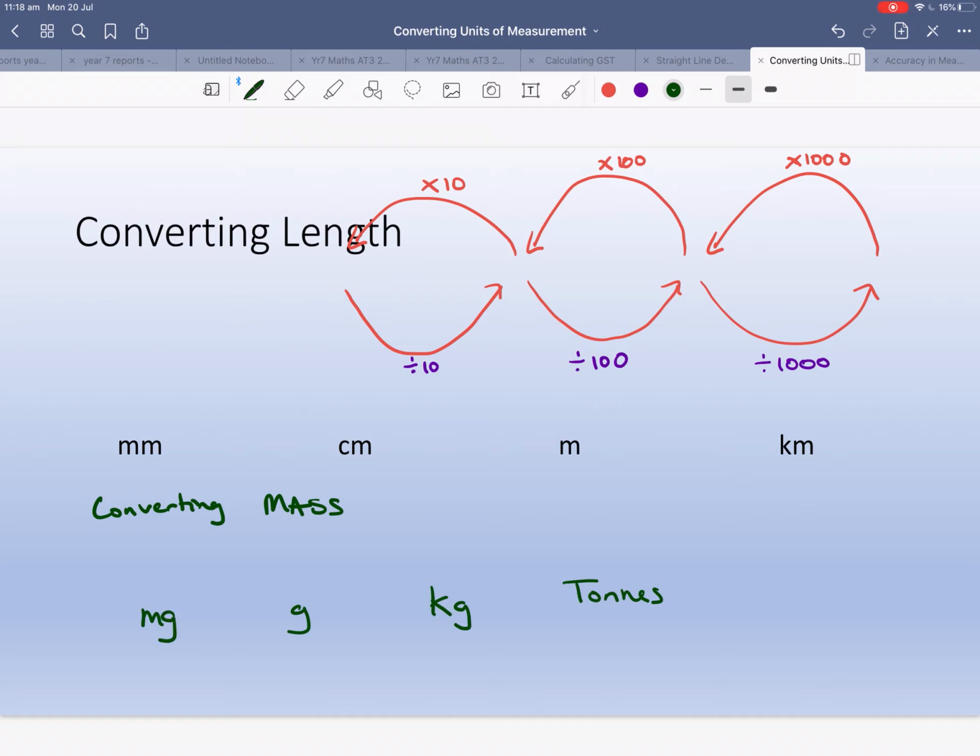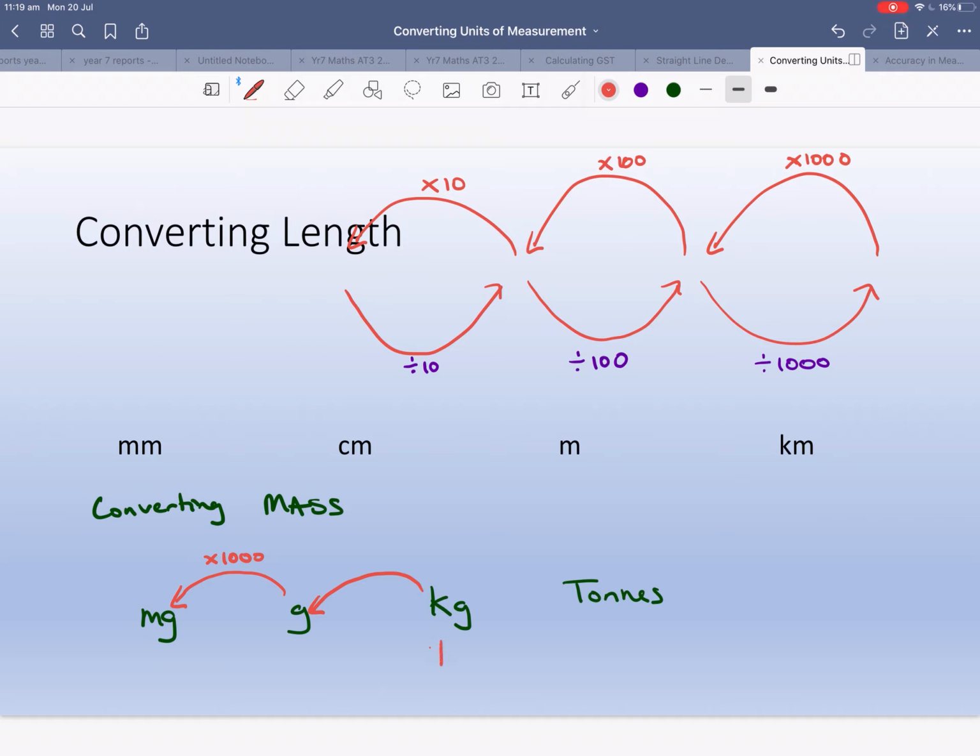Now, the thing with this is that we're going to have to do a flow diagram, but it's different because everything is by 1,000, all right? So there's 1,000 milligrams in a gram, so I'm going to multiply by 1,000. And there's 1,000 grams in a kilo.